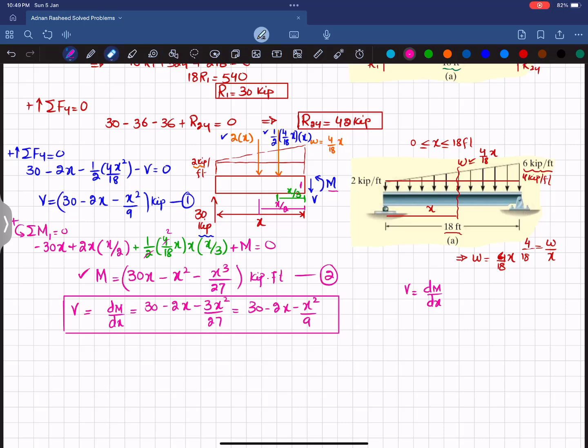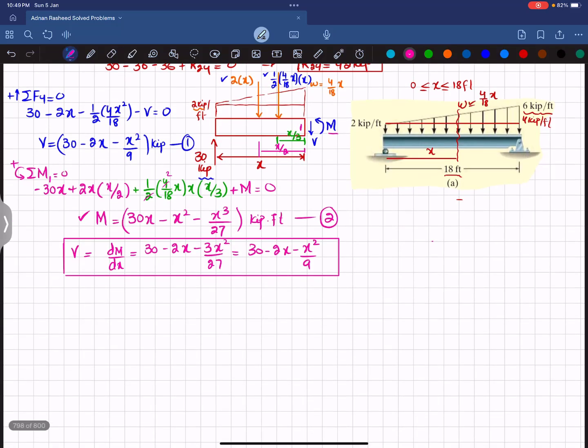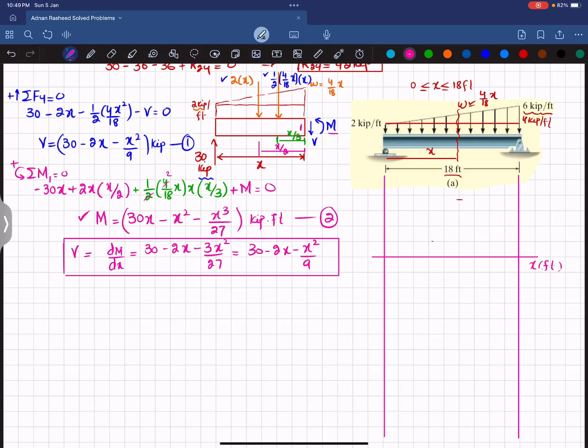Now moving to draw the shear force and bending moment diagram, we have both the equations, so we will draw a vertical line from the end of this beam, and first we will draw the shear force and then the bending moment diagram. For that I am drawing a horizontal line that shows x in feet, and on the y-axis you have shear force having units kips.